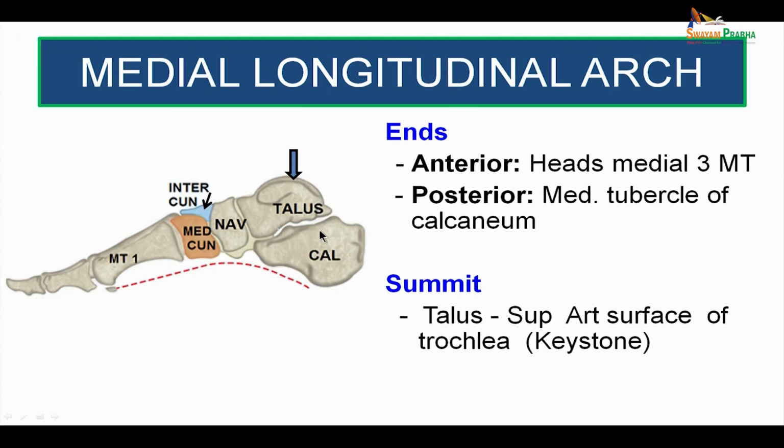Coming on to the ends of the arch, the anterior end is formed by the heads of the 3 metatarsal bones, the posterior end is formed by the medial tubercle of the calcaneus, and the summit, that is the height of the arch, is formed by the superior articular surface of the trochlea of the talus, which is the keystone of this arch.